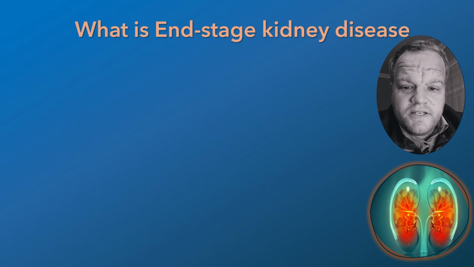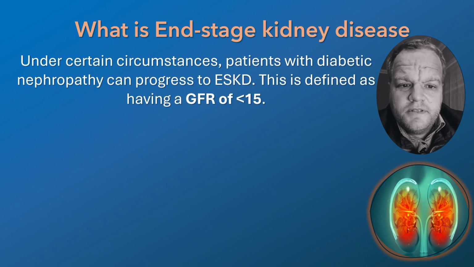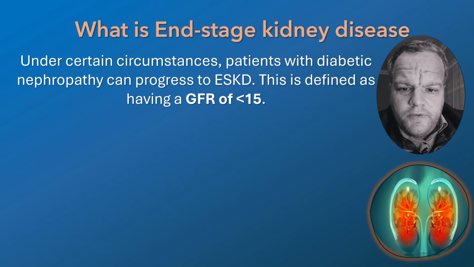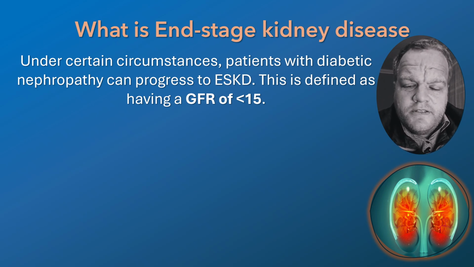So, what is end-stage kidney disease? Under circumstances, patients with diabetic nephropathy may progress to end-stage kidney disease. End-stage kidney disease is defined as having a GFR of less than 15.